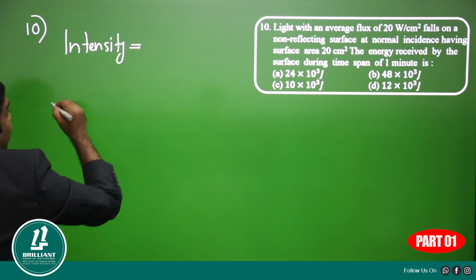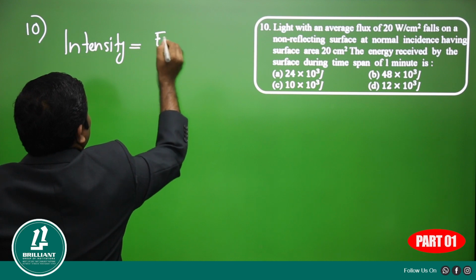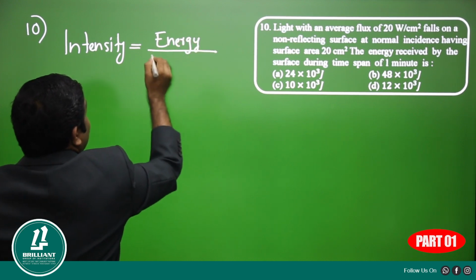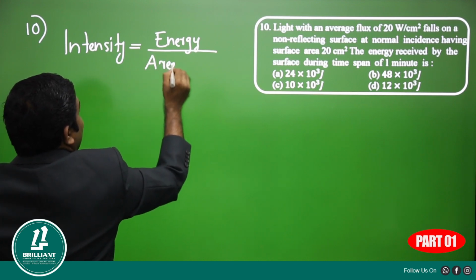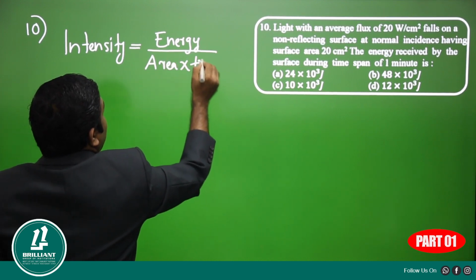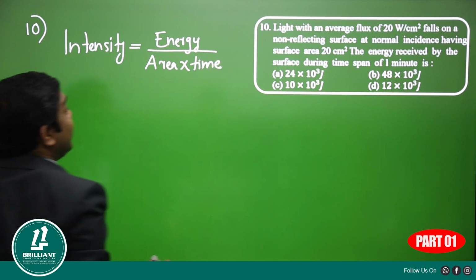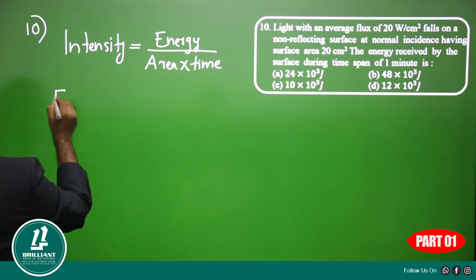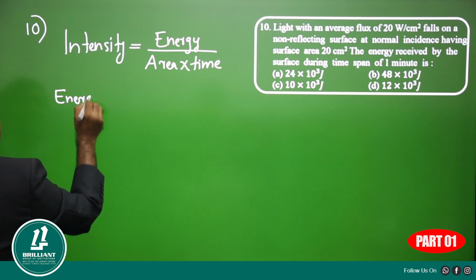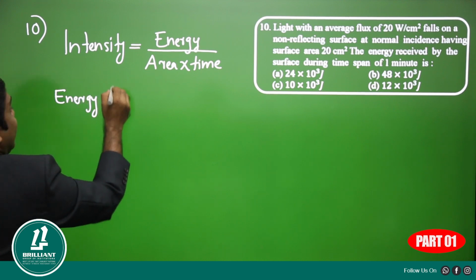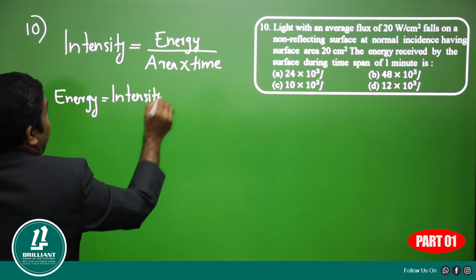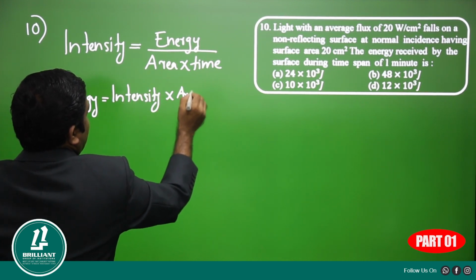Intensity of light is equal to energy incident per unit area in unit time. So how can we find energy now? Energy is equal to intensity into area into time.